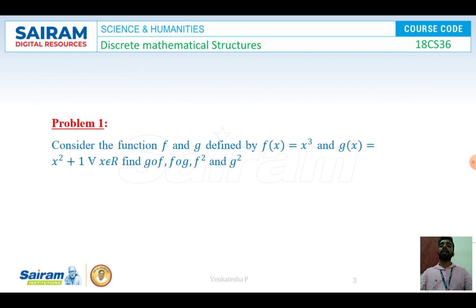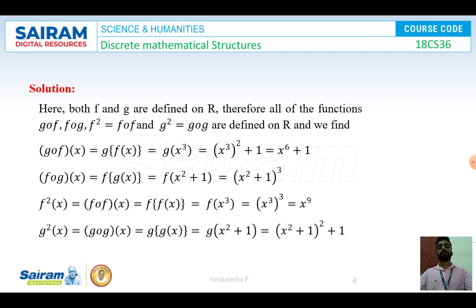Problem number 1. The functions f and g are defined by f(x) is equal to x cube and g(x) is equal to x square plus 1 for all x belongs to the real numbers R. Find g o f, f o g, f square and g square.